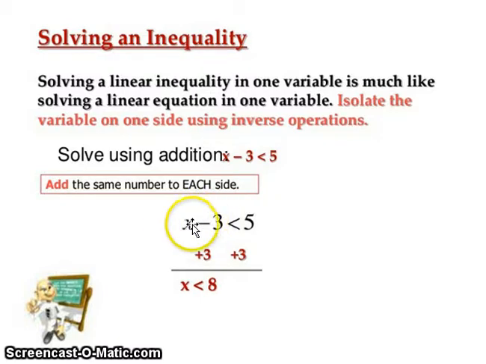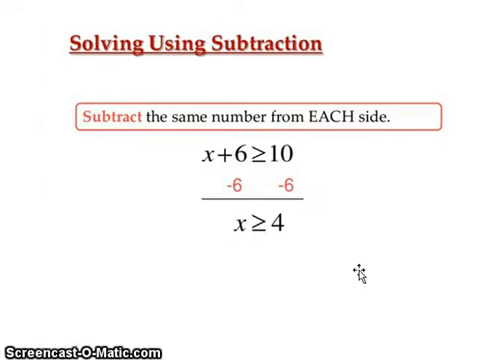So instead of saying to get rid of this subtract 3, we're going to add 3. Whatever we do to one side, we do to the other side. So the negative 3 and positive 3 will eliminate each other, and on this side we're left with 5 plus 3, and then that gives us an answer of x is less than 8.